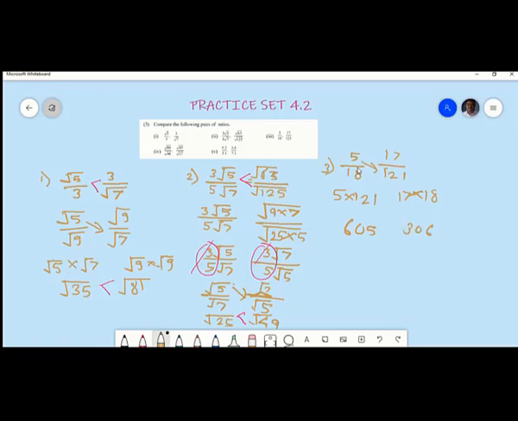So 605 is greater than 306. So 5 upon 18 is greater than 17 upon 121.